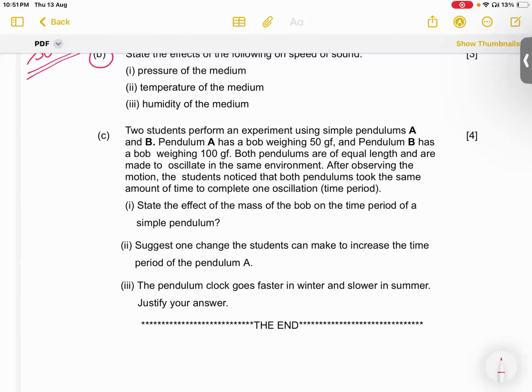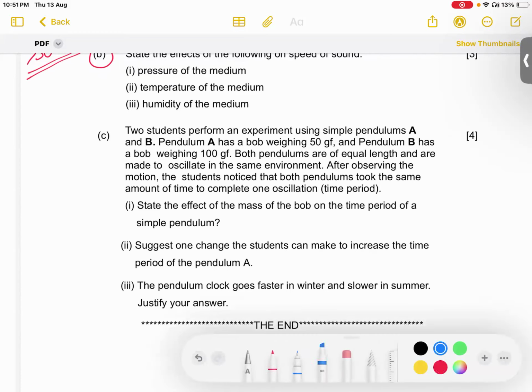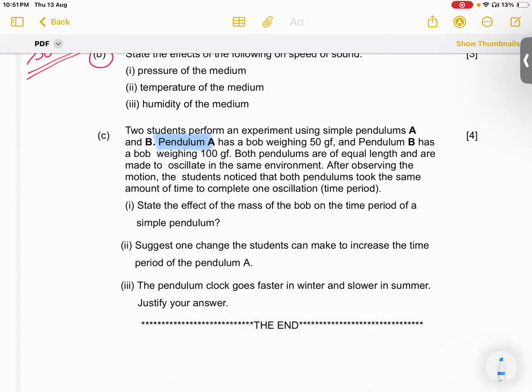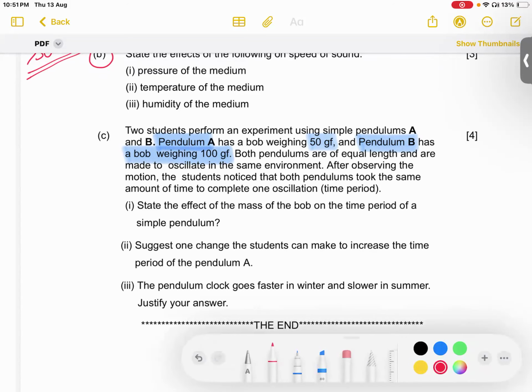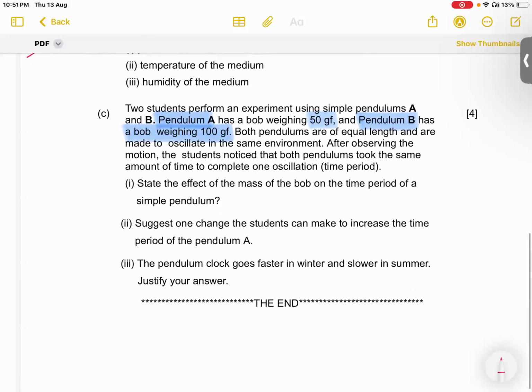Two students performing experiments of simple pendulum A and B. So certain readings are given. Pendulum A has 50 grams. Pendulum B has 100 grams. Both of them are made up of equal lengths. After observing the readings, we need to calculate one observation.